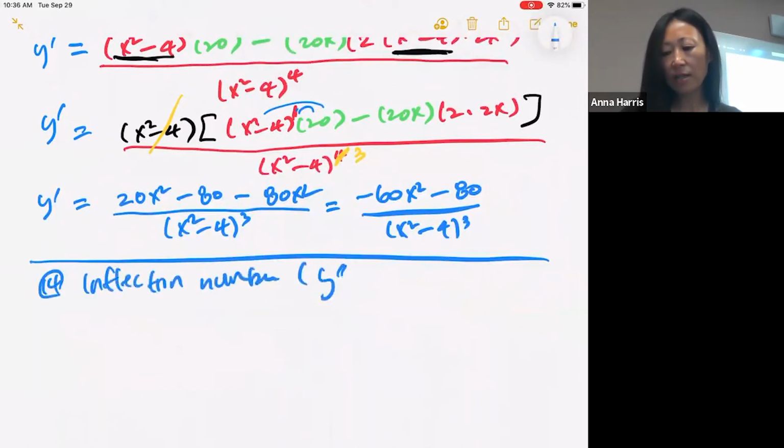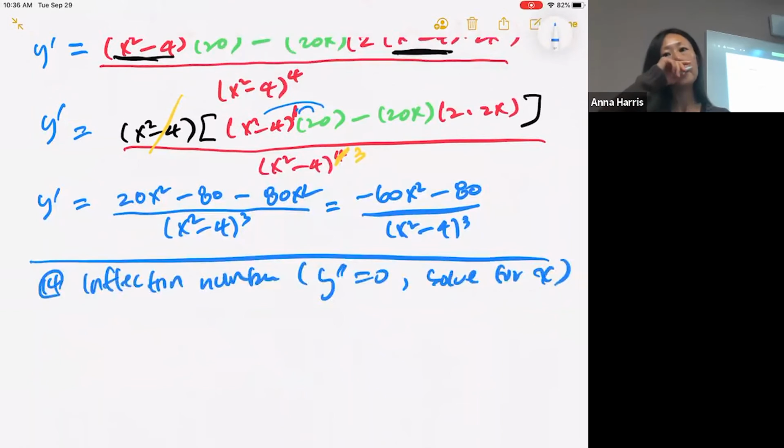Inflection number means you set the second derivative equal to 0 and solve for x.